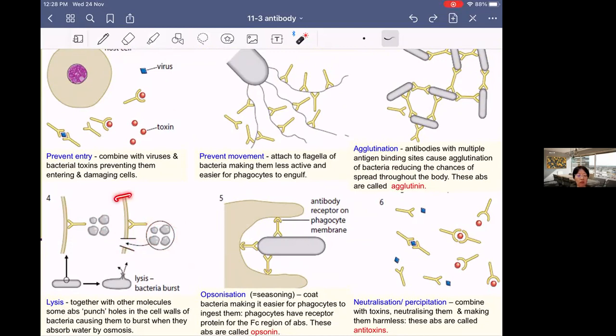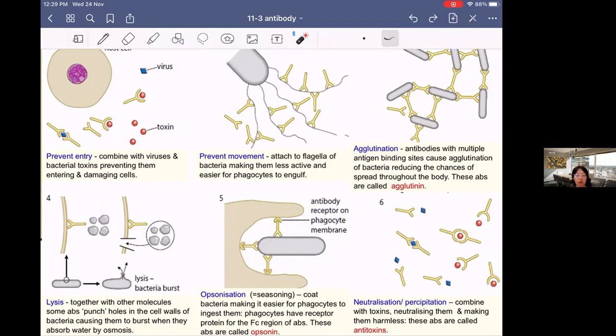So it can cause a lot of holes to be punched on the bacterial cell wall, and hence the cell wall is weakened. So as the water enters the cell, the cell will continue to swell and burst. The cell wall is no longer rigid enough. Because a lot of holes are being punched, it can stretch until the cell bursts. So that will cause lysis to the cell.